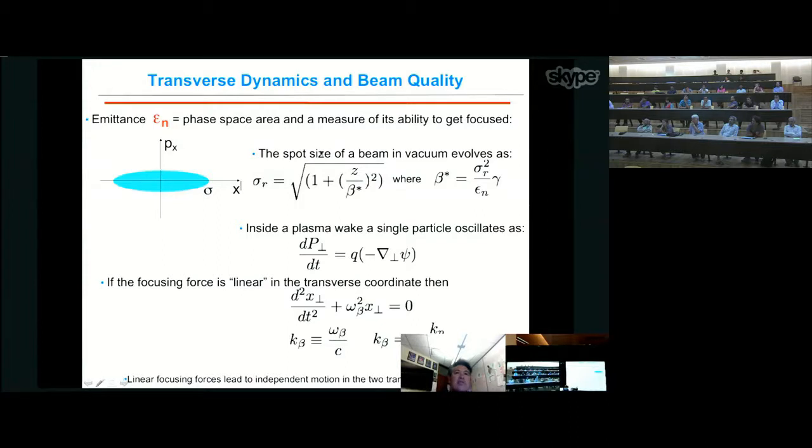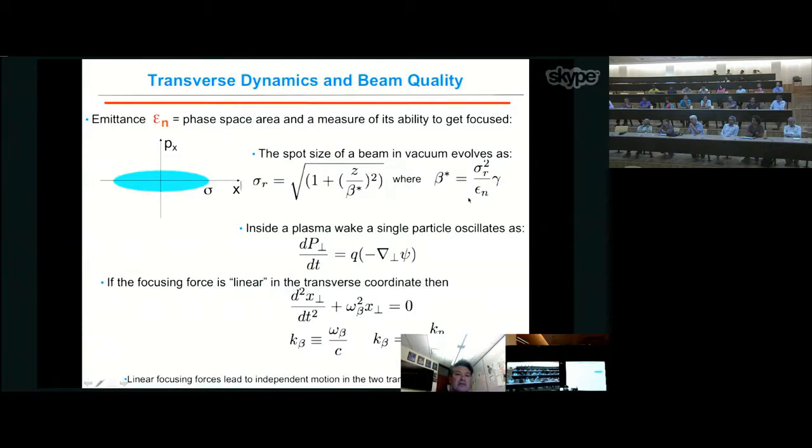If this beam propagates in vacuum, then this spot size will evolve by this formula, and the diffraction distance is given by what's called beta star, which is the spot size squared over the normalized emittance times gamma. So the geometrical emittance, which is the normalized emittance over gamma, plays a completely analogous role as the wavelength does for a laser. So you can think of this as the analogy for a particle beam to the Rayleigh or diffraction length.